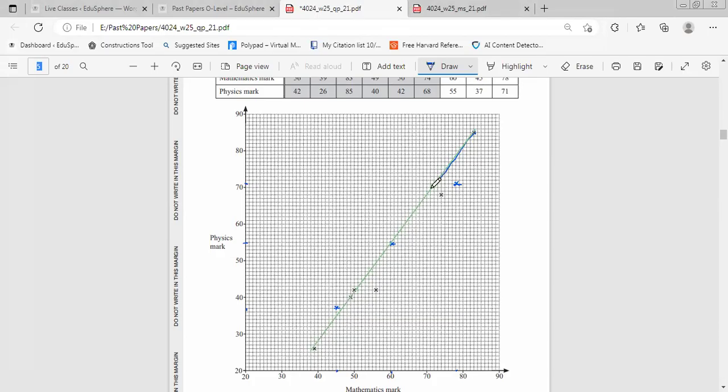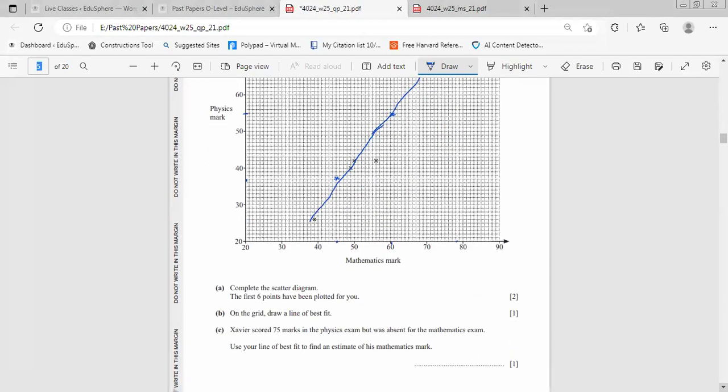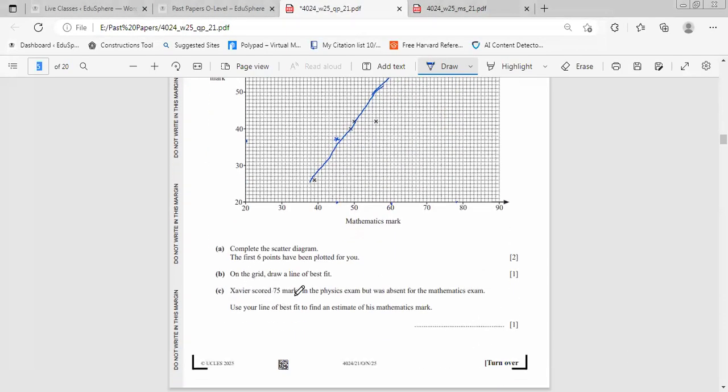And I'm cropping it. It's not a very good line, but fine. Okay. Now what I have to do for this: Xavier scored 75 marks in physics exam but was absent for mathematics. So use line of best fit to find the estimate for his mathematics.